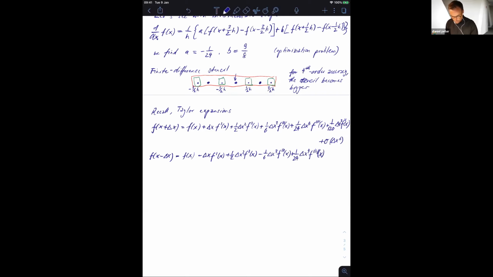Fourth order and fifth order, again with the minus term. And the truncation error is again sixth order.